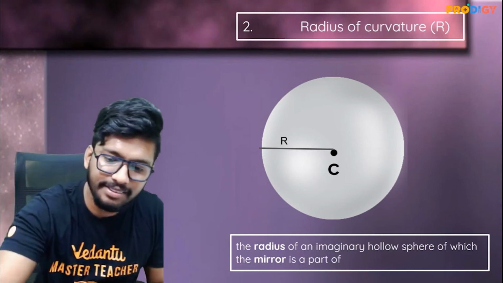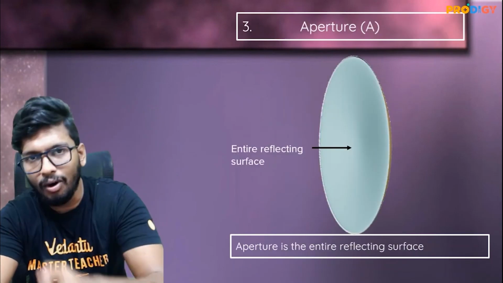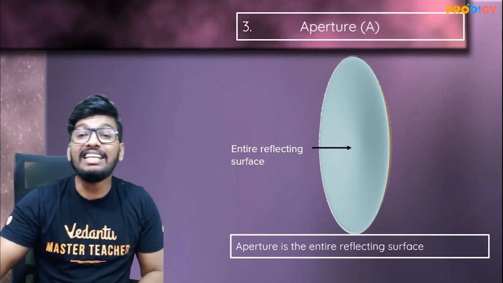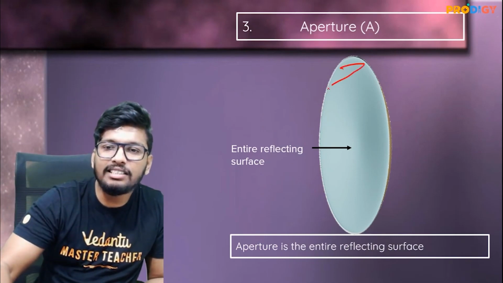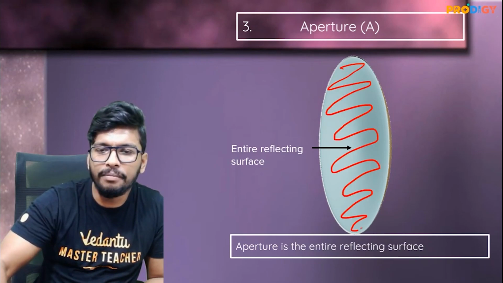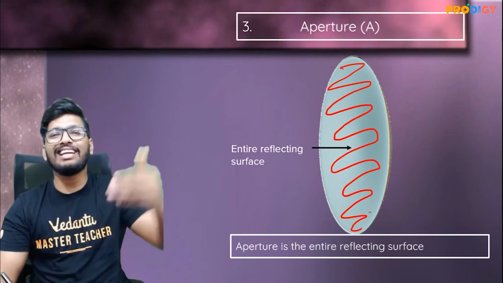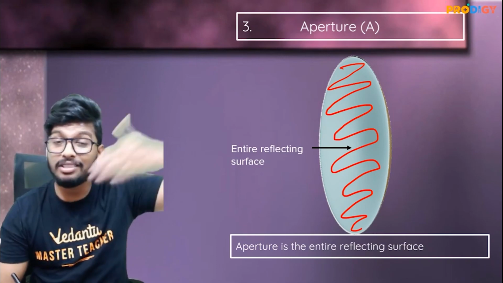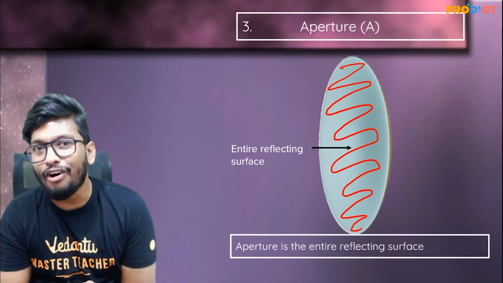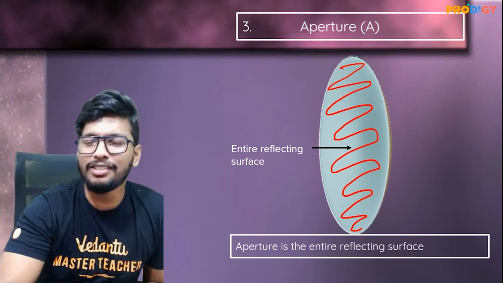Now, if I take a small mirror, be it concave or convex, the entire reflecting surface from top to bottom, wherever light would fall and get reflected back, wherever it gets bounced back, that is called the aperture of the mirror. Aperture is not a new word.